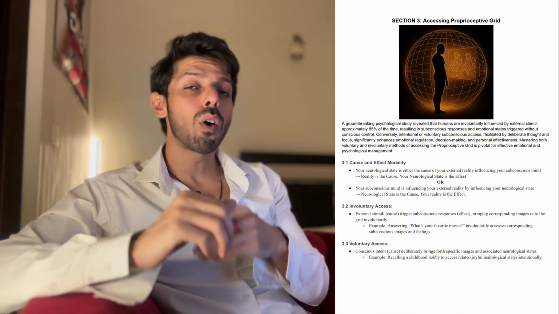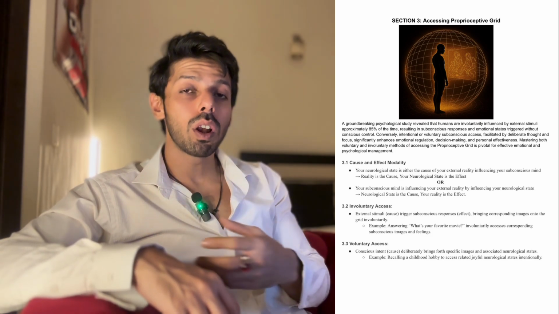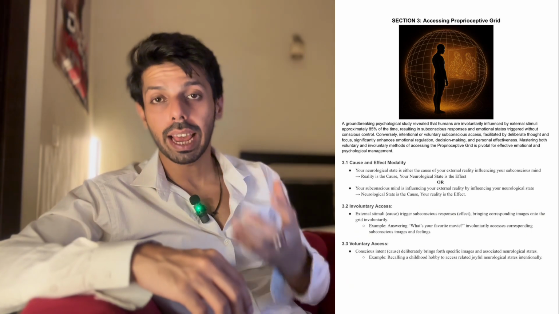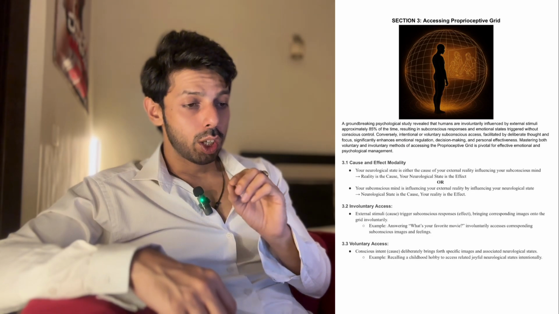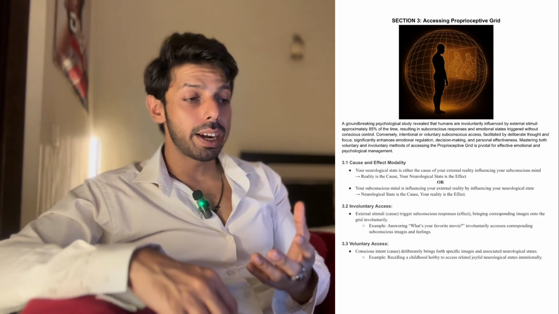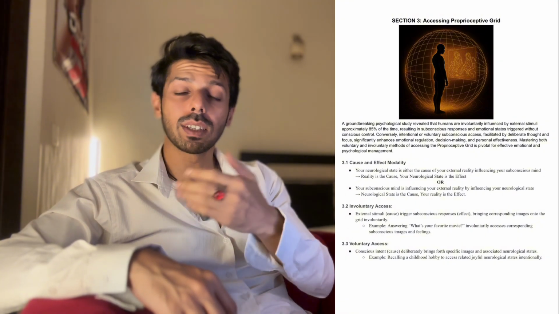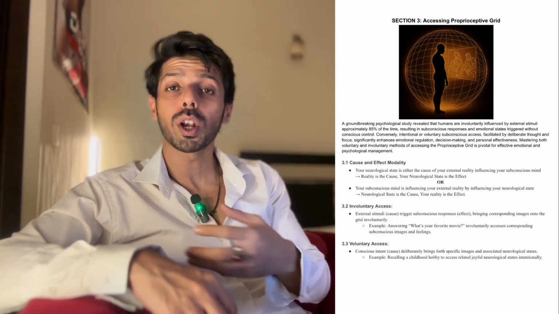First of all, before we can dive into understanding voluntary and involuntary access, we need to understand the cause and effect modality. Now, what is cause and effect modality? Your neurological state is either the effect of your external reality influencing your subconscious mind, exactly the example I was giving you, such as if your boyfriend or your girlfriend or a specific person brought you a gift.